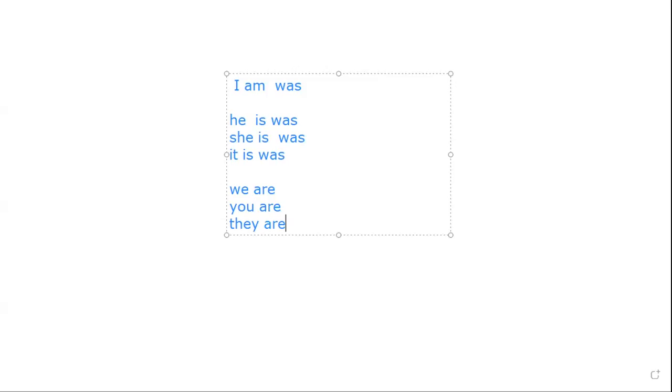But in the past, it becomes were. So in the present, the verb to be has three forms, but in the past, it only has two. And since these are divided, I, he, she, and it are singular, we use was. And we, you, they, we use them for plural, so they become were.